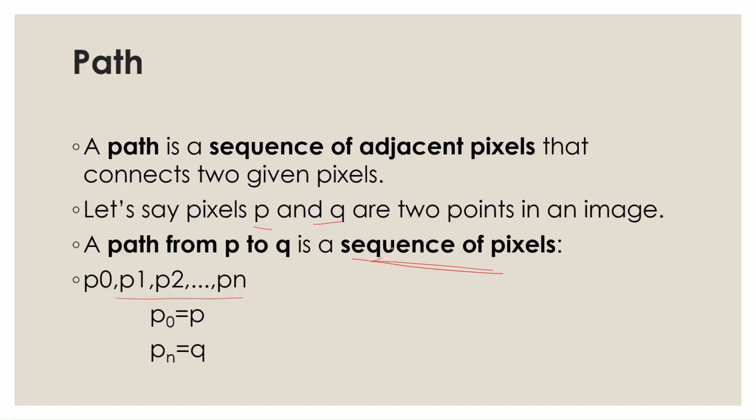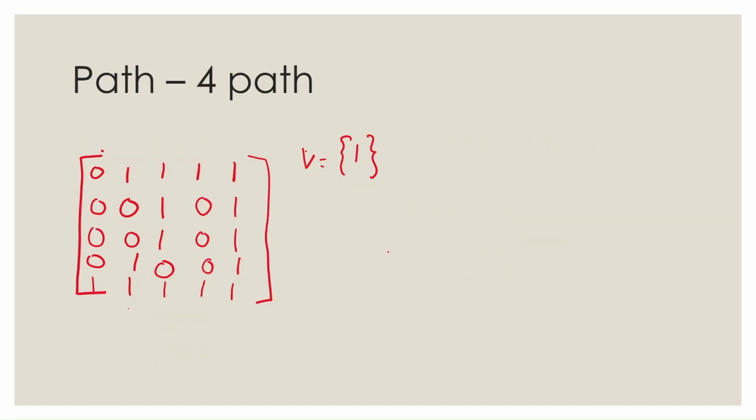Let us understand this path using an example. Now let us take this image matrix. This is your P and the destination is Q here. The set value V is equal to 1.